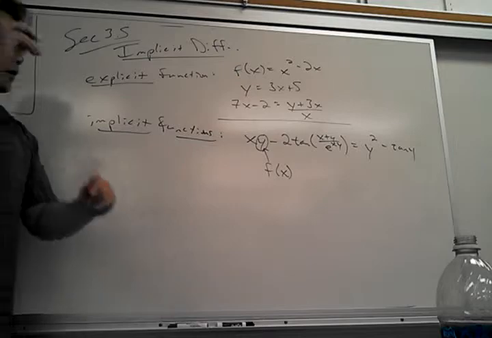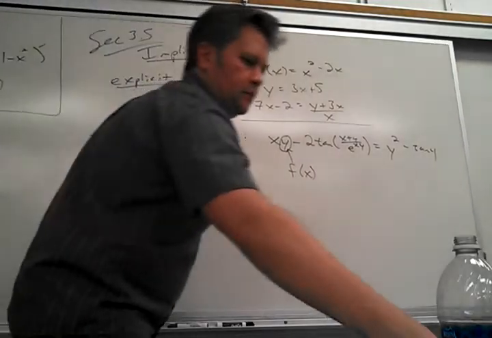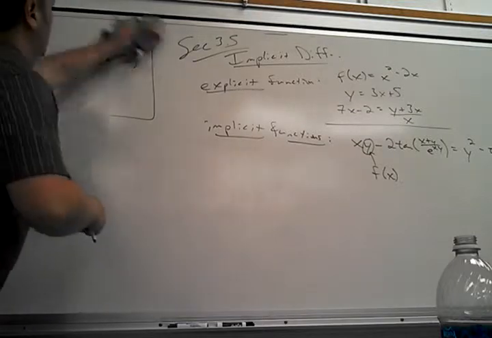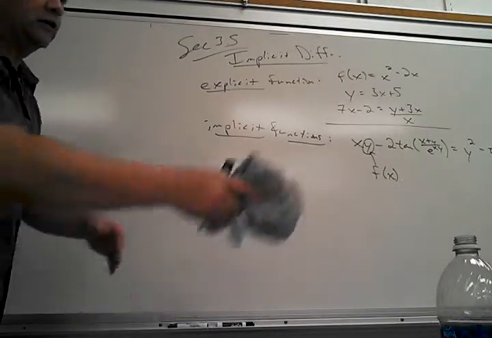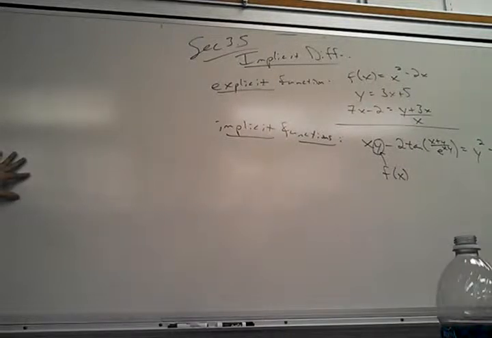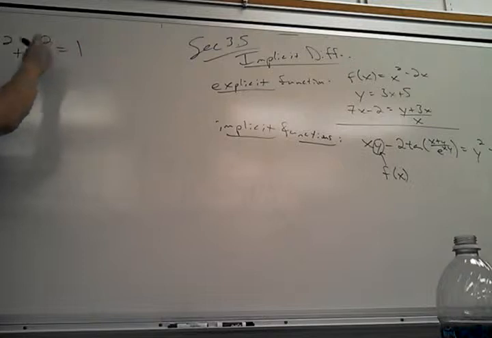So let me take a slightly easier example. This is one of my favorites because it's very geometrically easy to tell what it's trying to tell you. What is this? The formula for it. Circle. And it is definitely an implicit function of x.